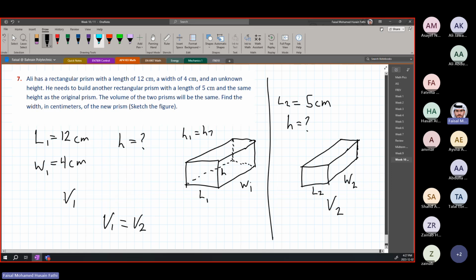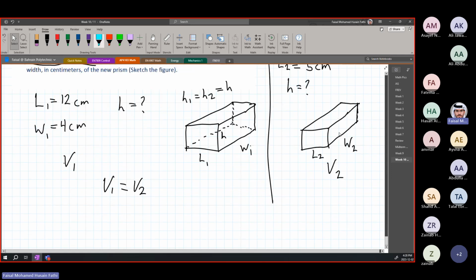H1 is equal to H2 based on the question. The height is the same height as the original prism. ف H1 equal H2 equal H اثنيناتهم. وما عندنا الرقم مال H. The volume of the two prisms will be the same. فبعد volume 1 و volume 2 يساوون بعض, which is already also given.